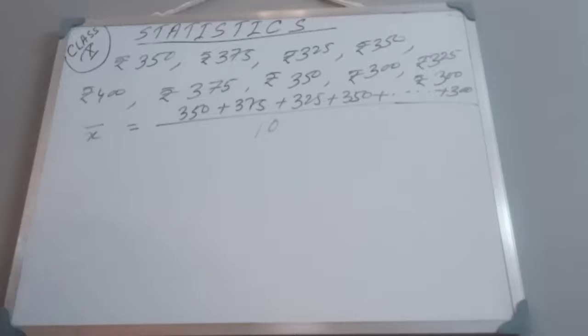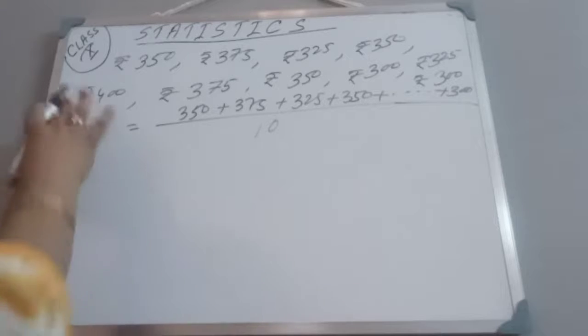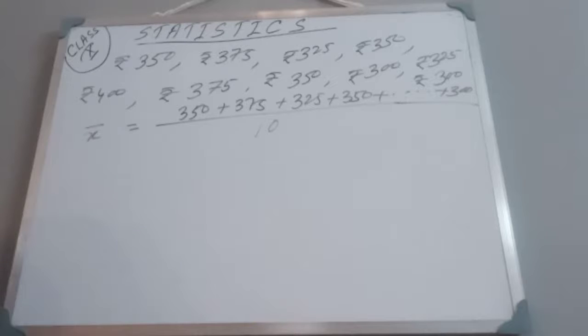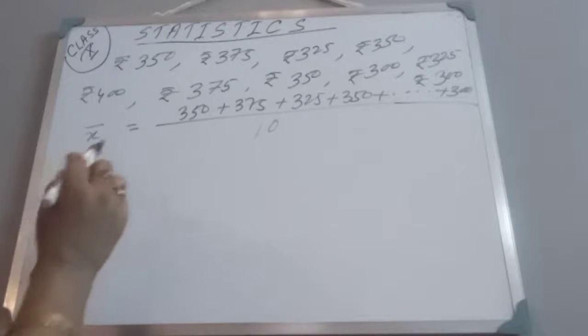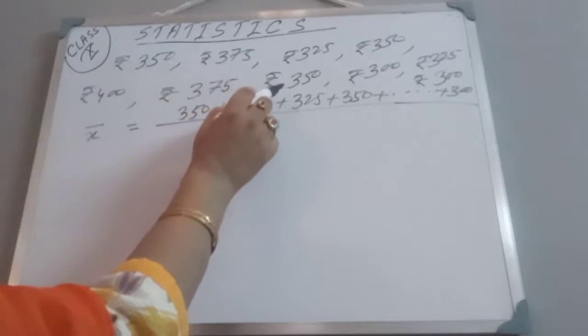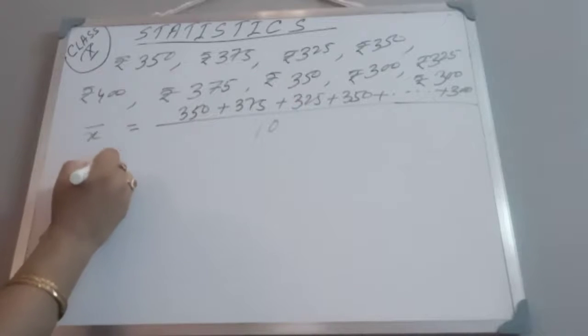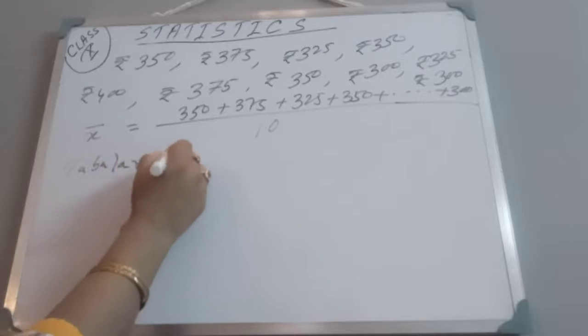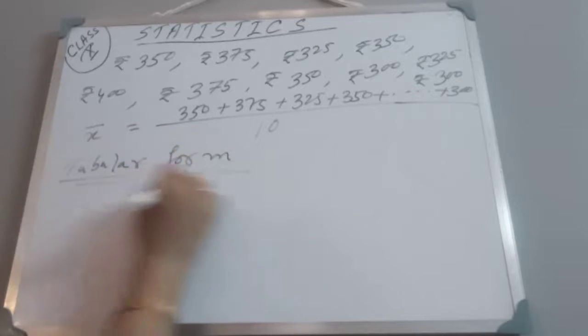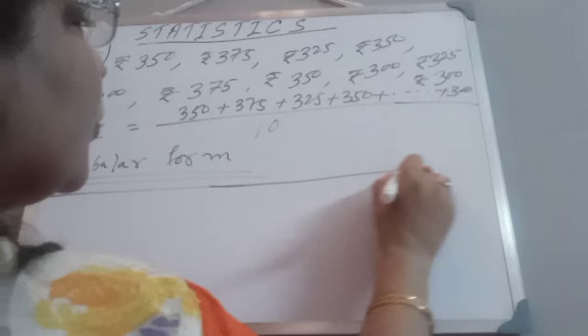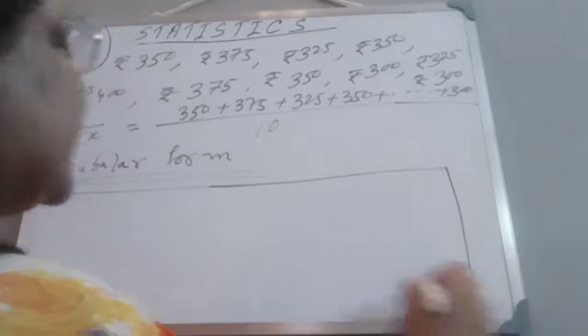Now we can write all these values in tabular form also. Statistics is a branch of mathematics where we can express all the data in tabular form.